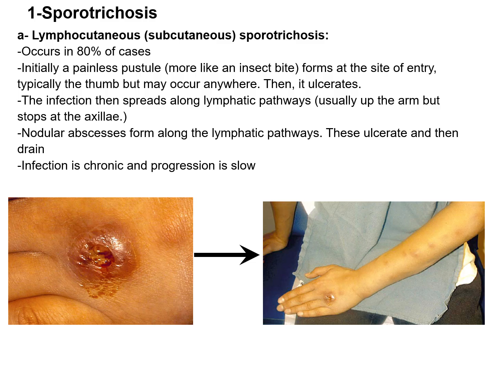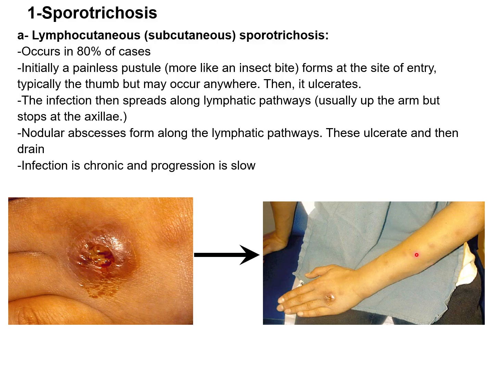And here, what we have first at the site of inoculation is a pustule. It's painless, doesn't hurt, it looks like an insect bite. And then it ulcerates. So this pustule will ulcerate, and once ulceration happens, you start seeing spreading along the lymphatic pathways. And the lymphatic pathways, of course, have lymph nodes, and so you will see these nodular abscesses, which are actually the infected lymph nodes.